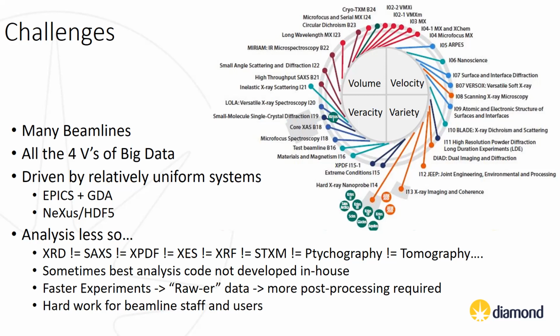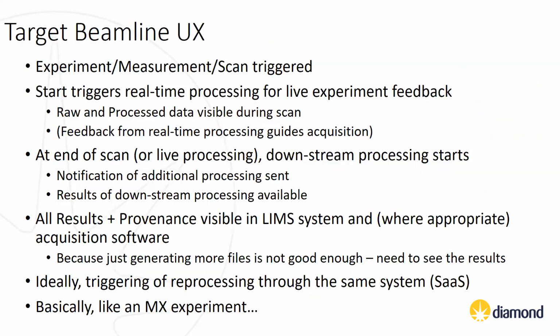And the faster you go with these experiments, the data is not necessarily formatted in a way that you as an analysis person might want to access it. So you've got to do more post-processing to get it into a form that's nice and friendly for the users. Otherwise, you're just dumping a load of hard work on the beamline staff and users when they bought a new detector and a new stage because they thought they could do better science from that process, yeah?